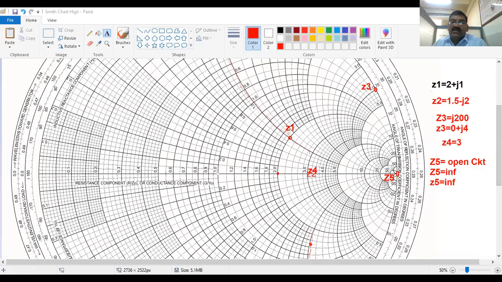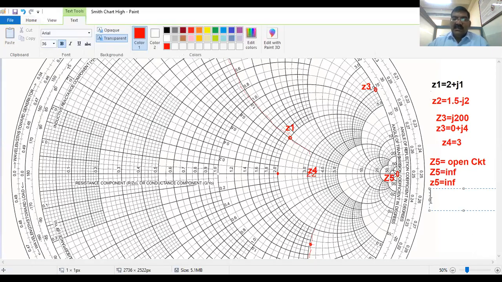Now I'll go for the Z6. Why am I taking all this? Because all these possibilities will give you all the possibilities. Now Z6, what should I take? Short circuit. Okay. So for the Z6, capital Z6, short circuit.